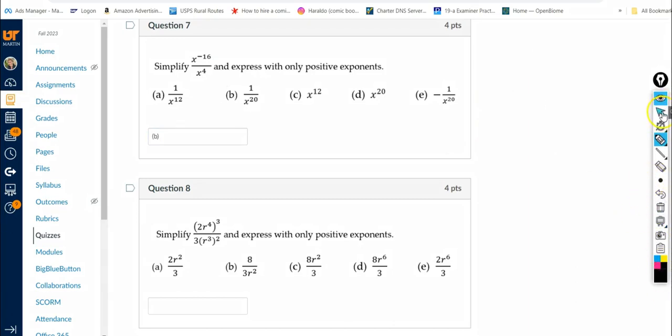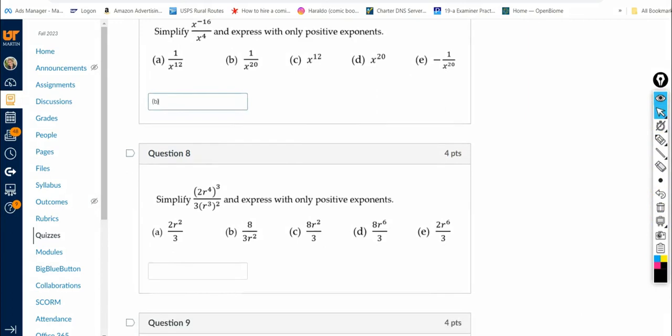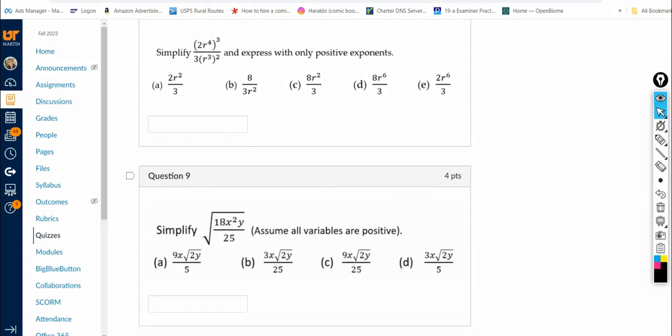Okay, so let's keep going. All right, let's see what's going on here. Let's look at the numerator. Well, we've got a product inside here, so this power 3 gets applied to everything separately. So I'm going to have 2 cubed times r to the 4th all cubed. It's going to give me 8.